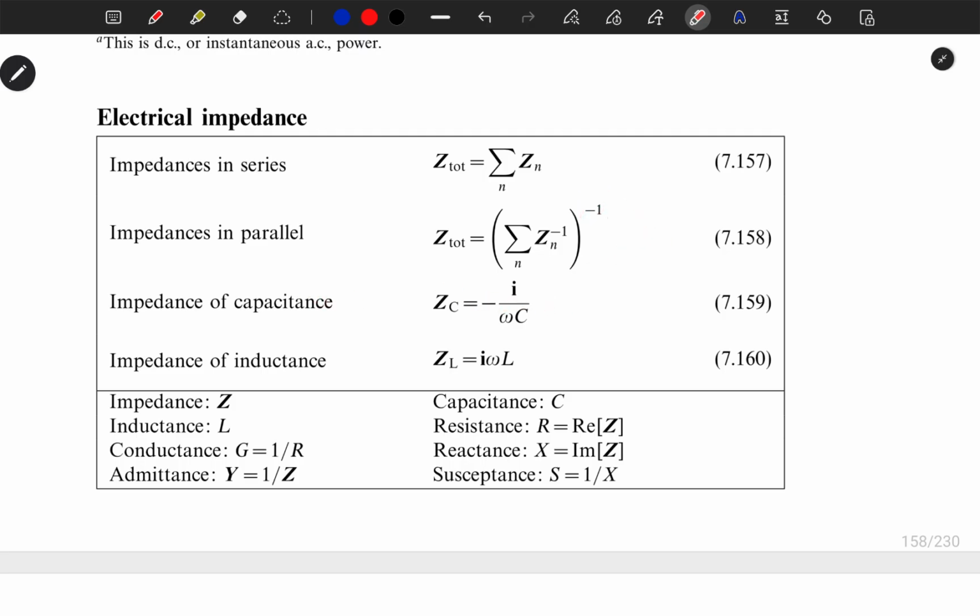For a capacitor, 1 by i omega C. For an inductor, i omega L. So impedance Z, inductance L, conductance 1 by R, admittance 1 by Z, capacitance C, resistance R. Resistance is the real part of Z, reactance is the imaginary part of Z, and susceptance is S equal to 1 by X.